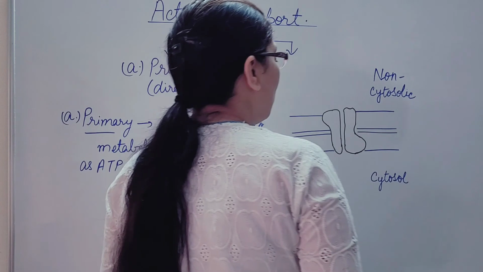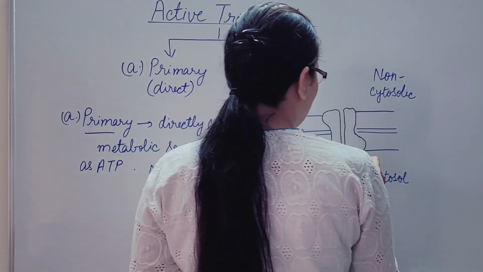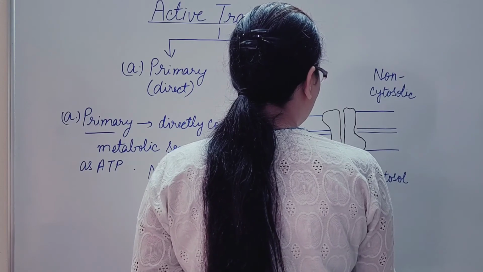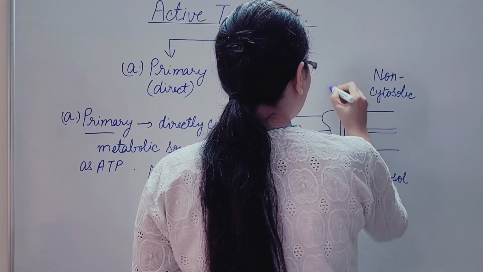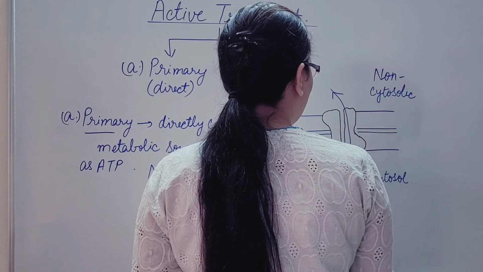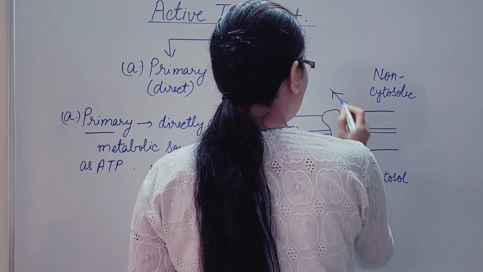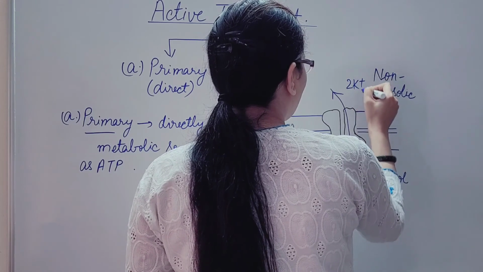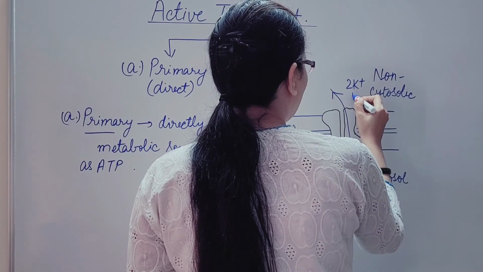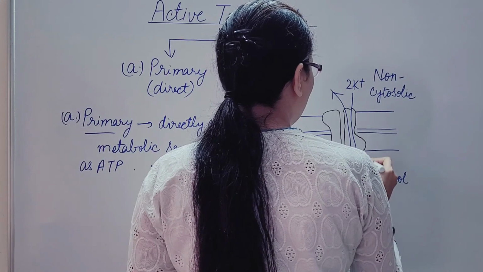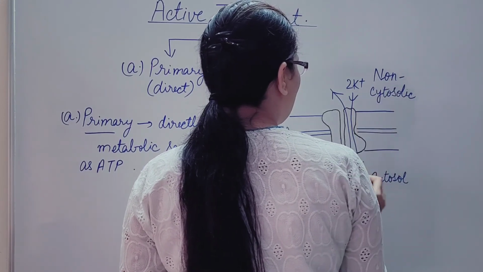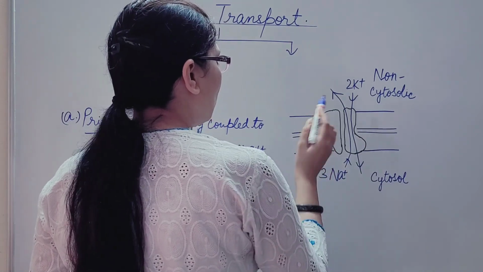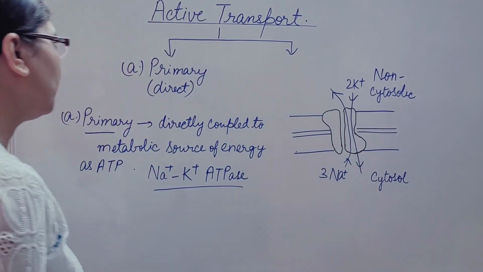Here each molecule of ATP hydrolyzed is coupled with the outward movement of 3 sodium ions, that is movement of 3 sodium ions from cytosolic to non-cytosolic region, and inward movement of 2 potassium ions from non-cytosolic to cytosolic region. In this way, the intracellular concentration of sodium and potassium ion is maintained.